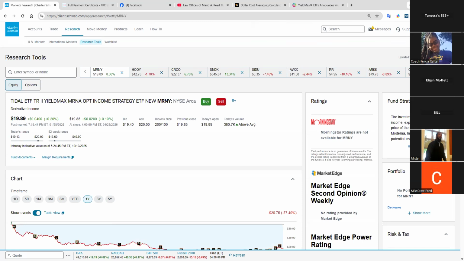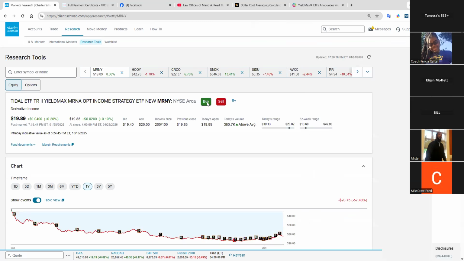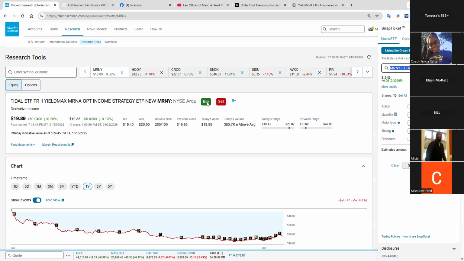So even though we're after 3 p.m., because Charles Schwab has extended hours trading, my hope is that because we're still in front of 7 p.m., I'll yet be able to get paid. So I'm going to go to where it says buy, and I've got to move this out of the way. Okay, now over here on the right it shows that we're buying it as a part of the Living the Dream Legacy Revocable Living Trust.